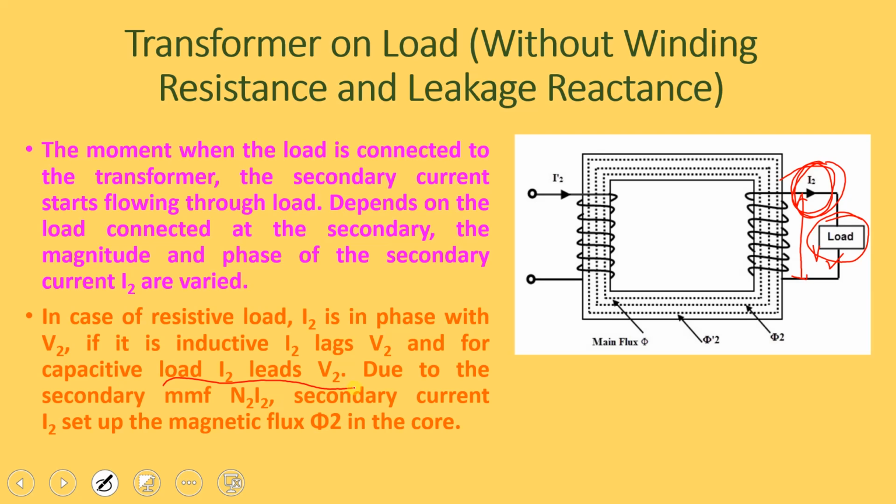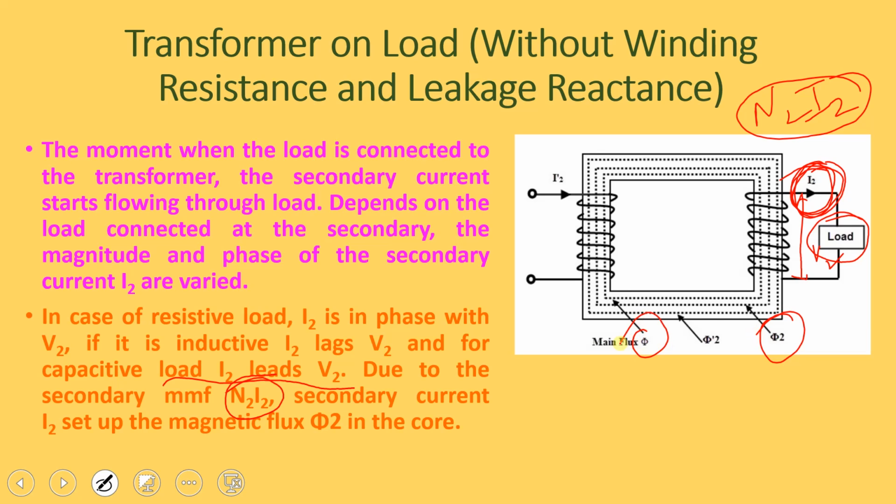Due to the secondary MMF N2 I2, the secondary current I2 sets up the magnetic flux phi 2 in the core. When this I2 is produced on the secondary side, it produces a magnetomotive force N2 I2, and this N2 I2 produces a flux phi 2 which opposes the main flux phi.